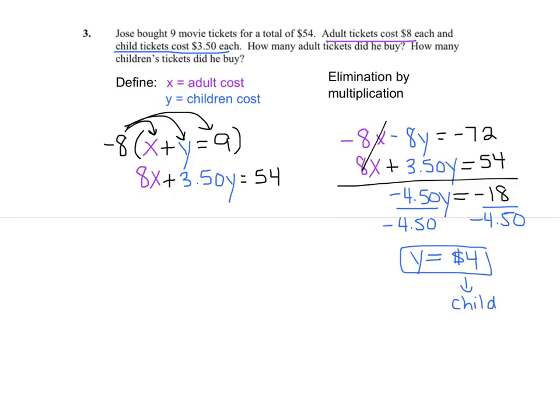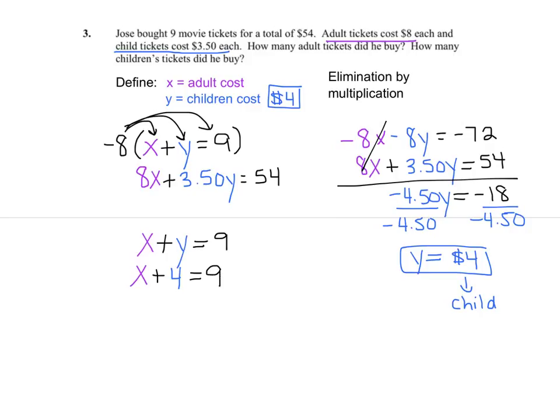And let's put that right up here. $4. So now that we found the child's ticket, let's find the adult. And let's use our original equation, x plus y equals 9. So we have x plus our y value, which is 4, equals 9.